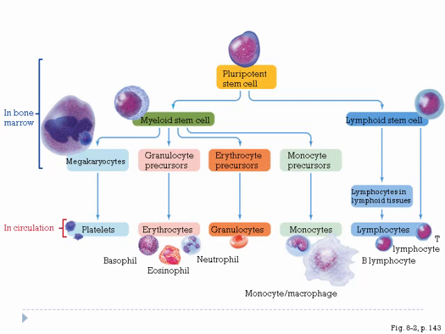Now, I forgot to mention when I started explaining this figure, the typo that's in the figure. I meant to do that for you because I noticed it when I was putting this PowerPoint together, and I totally forgot. This granulocyte precursor can become one of these granulocytes. This erythrocyte precursor can become an erythrocyte.